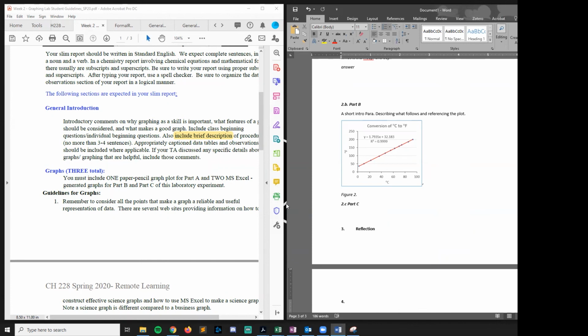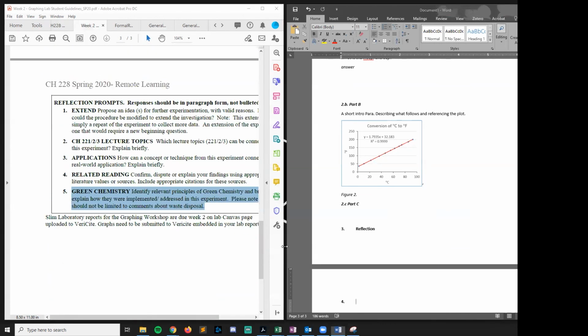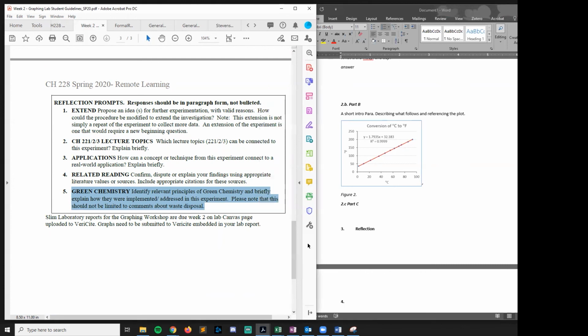I had a question about citing our sources. Do you have a preference on which citation style, like MLA or APA? No, I don't. Just use whatever your preference is and be consistent. In the same document, you shouldn't be switching between numbered and named.